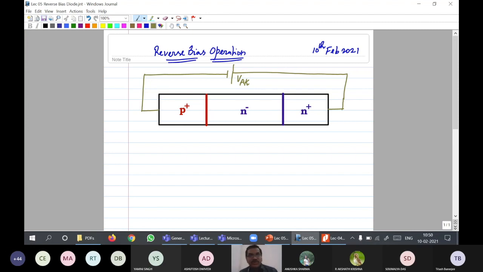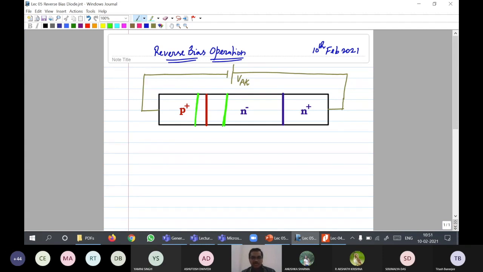Now, because of this applied reverse voltage, there are certain processes that are going to happen. Again, you have to recollect that the moment the junction is formed, there will be a depletion layer, which is going to extend across both sides of the junction. If you can recollect, we defined the depletion layer as the region where there will be charges, but they are not going to move.